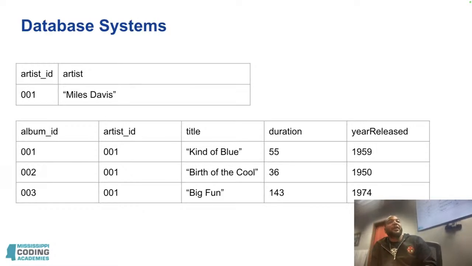Okay. And so here what we have is two tables. We have one table for the artist and we have one table for the album. And we can see that each one is made up of rows and columns.